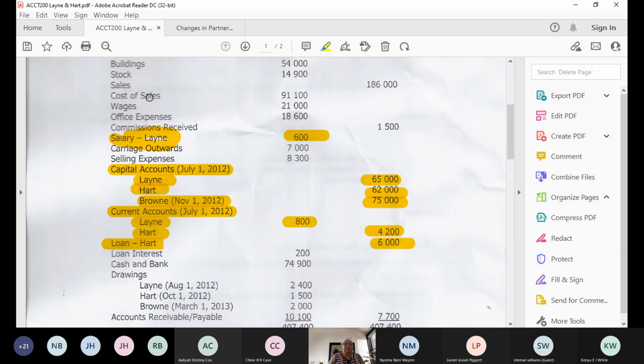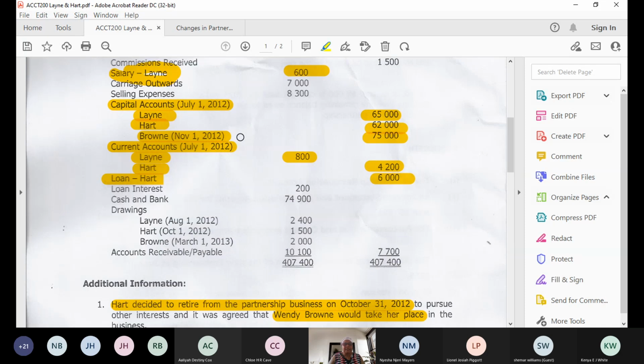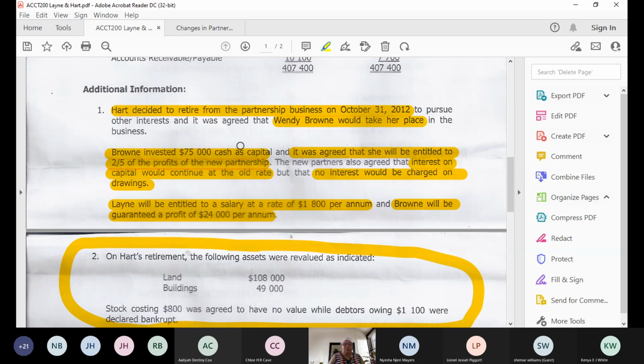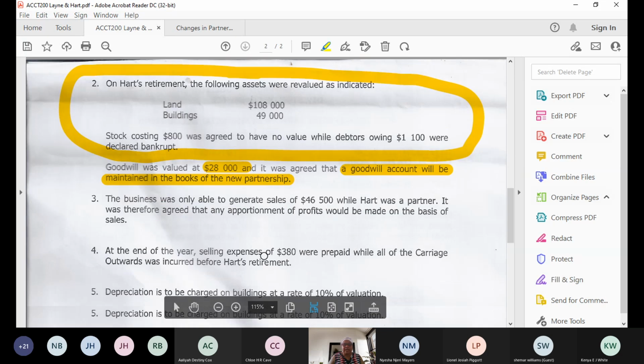In our trial balance, sales is $186,000. Cost of sales is $91,100. We have our expenses and etc. So we look at note number 3, right?